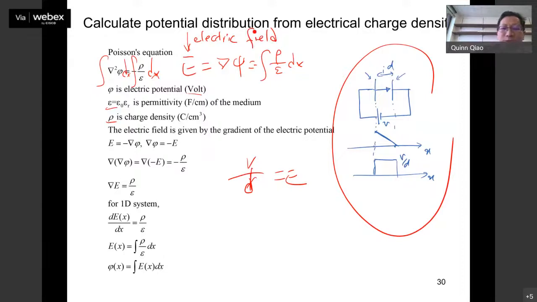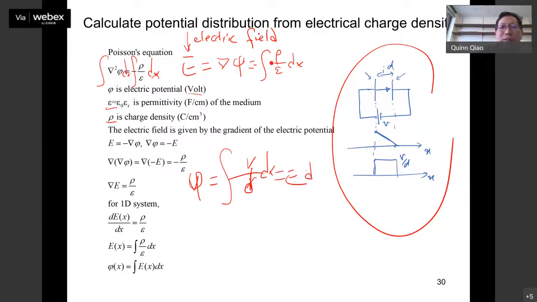And then the same thing, if you do integration of the electric field, you get the electric field multiplied by the distance, which gets you phi, the potential.